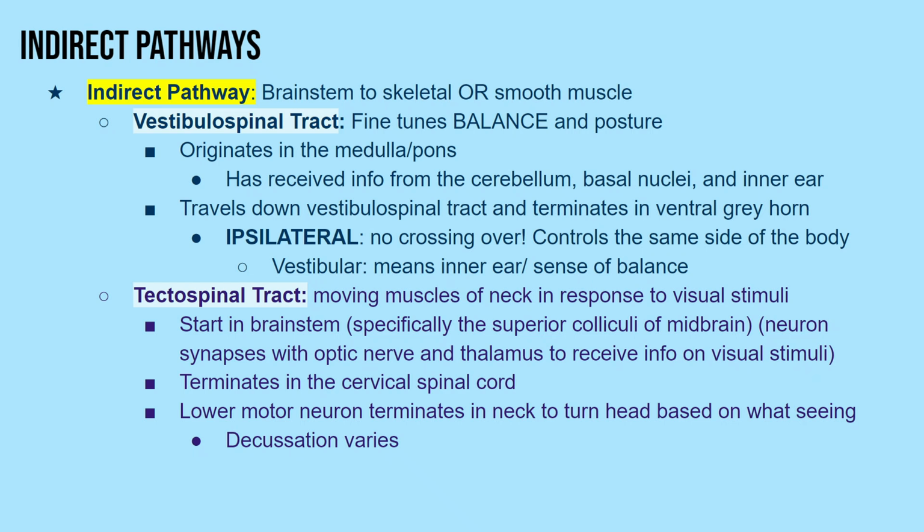So if you had damage to one side of this pathway, it's always going to affect muscles on the same side of the body. A way to remember this is that vestibular means inner ear or balance. Whenever I think of an ear infection, people might say that you're off balance. So that's how you can remember that one.